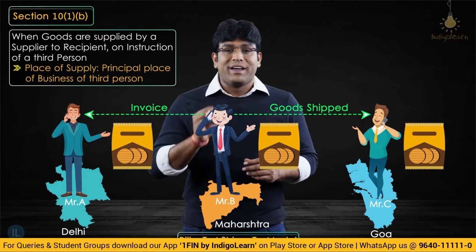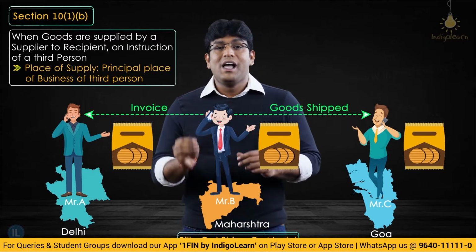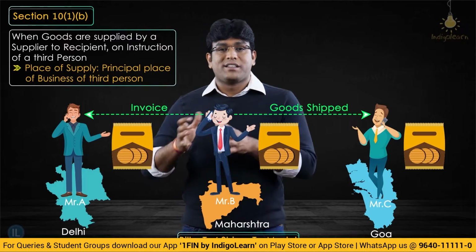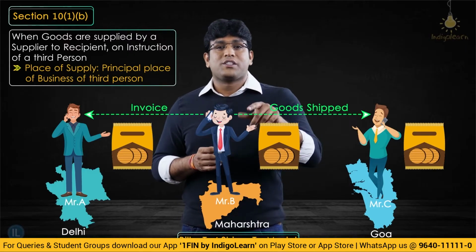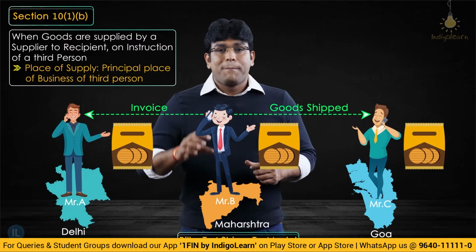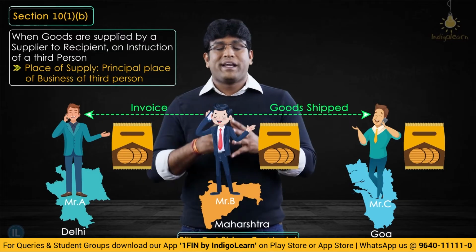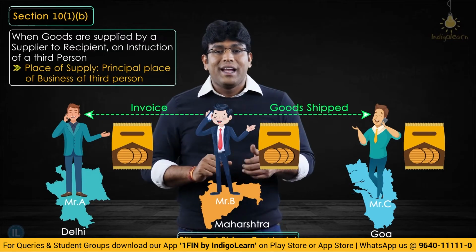That means when Mr. B of Maharashtra is supplying goods to Mr. C of Goa on the instructions of Mr. A of Delhi, place of supply for this particular transaction will be Delhi.